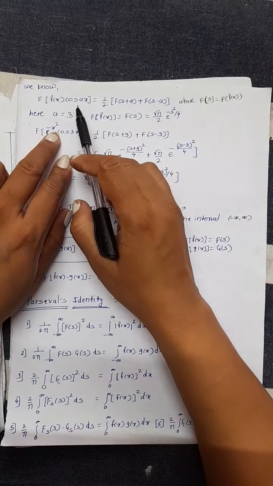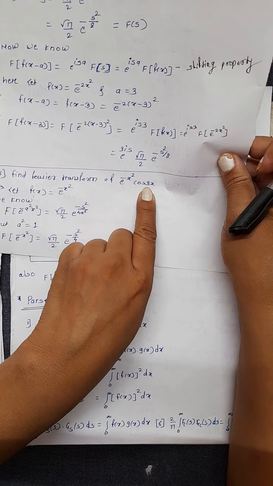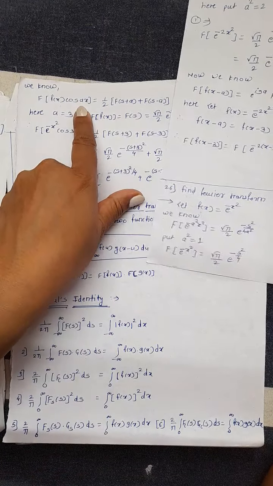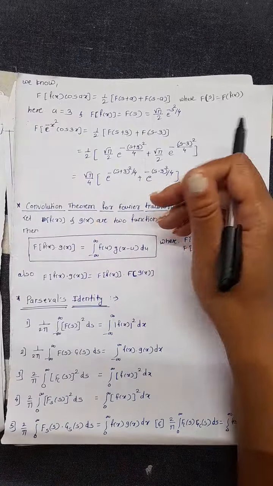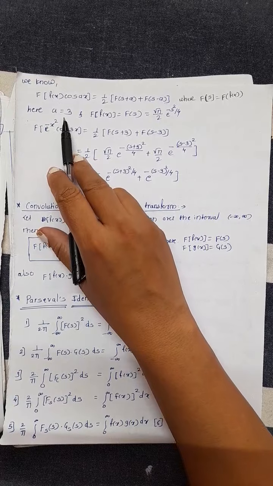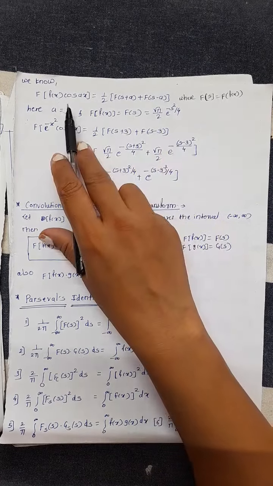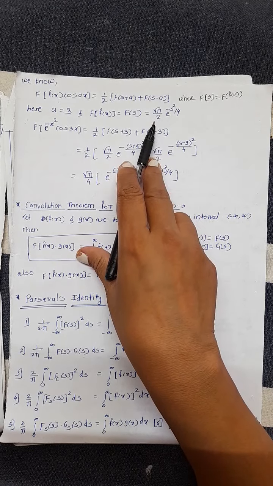Therefore, what is a here? By this result, a is the angle's coefficient. We want a = 3, and F(s) is the Fourier transform of e^(−x²), which we have already obtained.